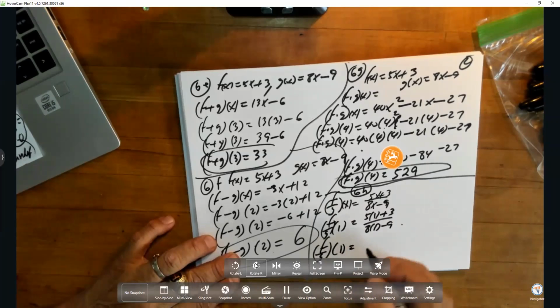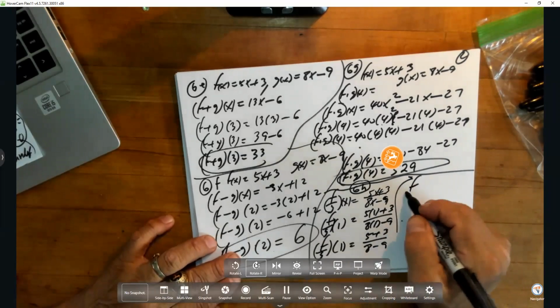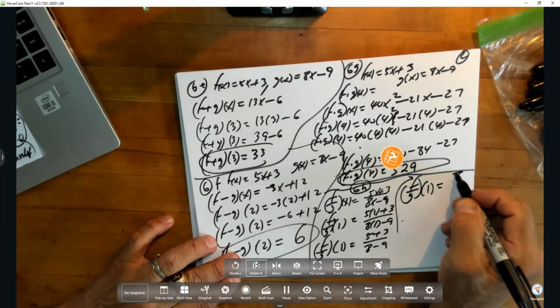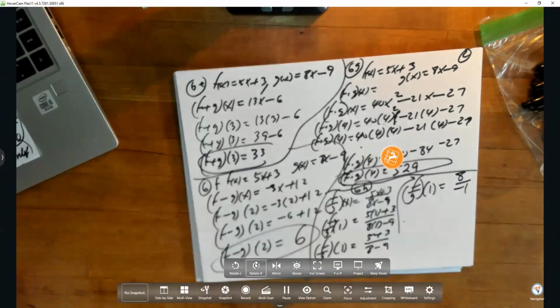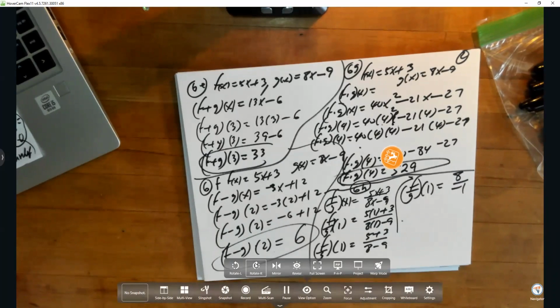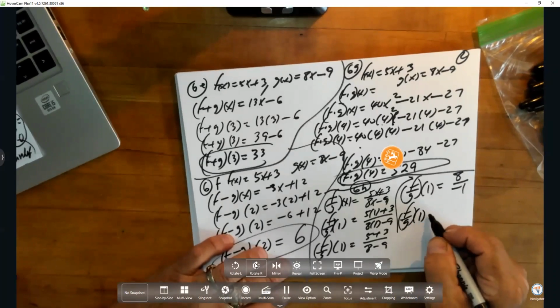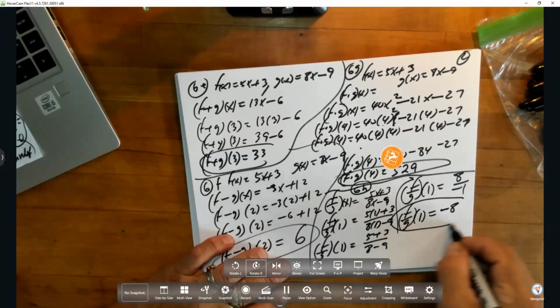So this is going to give you 5 plus 3 over 8 minus 9. It looks like I have 8 over negative 1. Can I divide those two numbers? Yeah, if I divide a positive by a negative, what's the answer going to be? Negative 8. That's the answer right there.